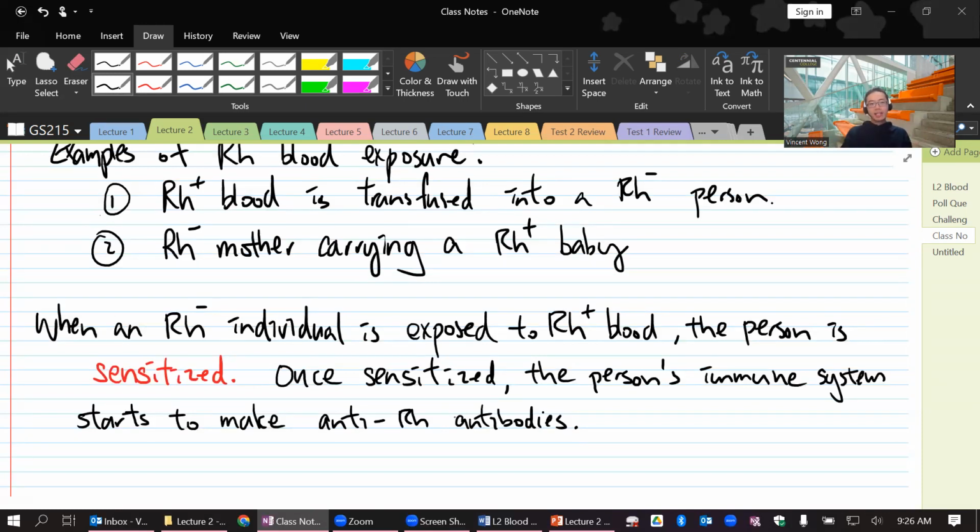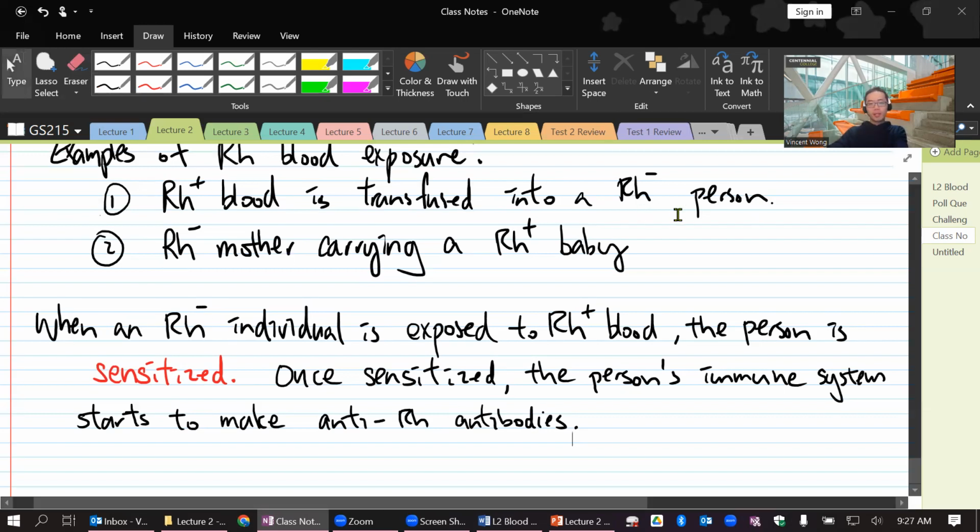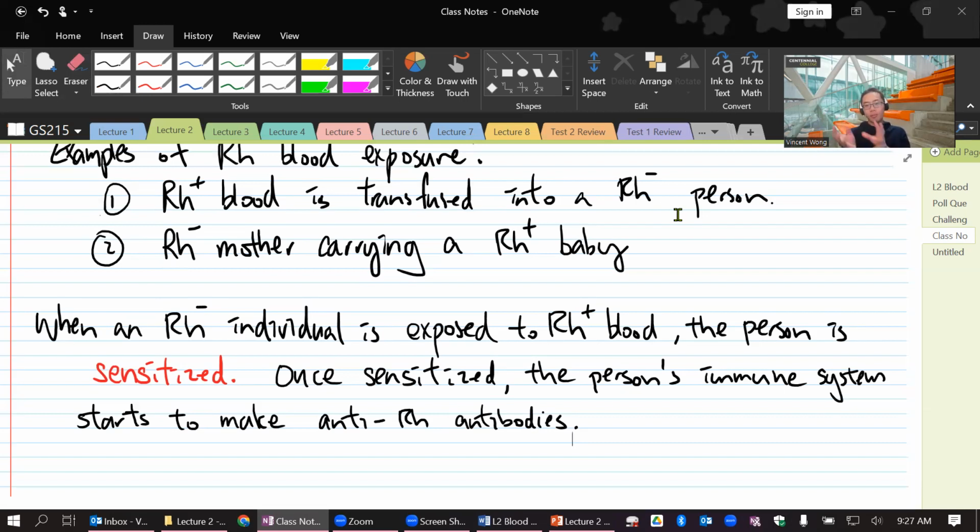So that's why sometimes people do it on purpose, even knowing that the person is negative, if there is a medical record that shows the person was not previously sensitized, and they don't have negative blood around. It's okay to give them positive blood just once.